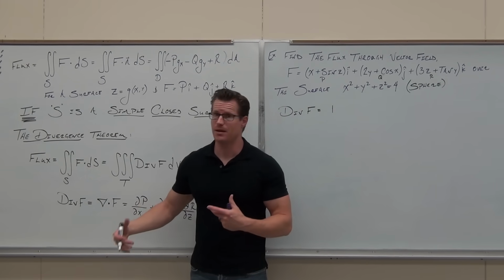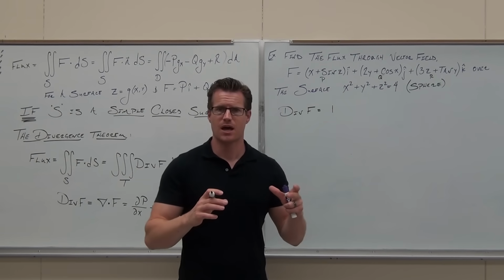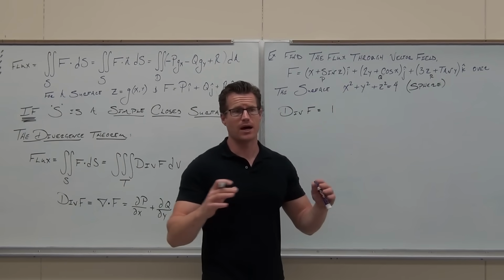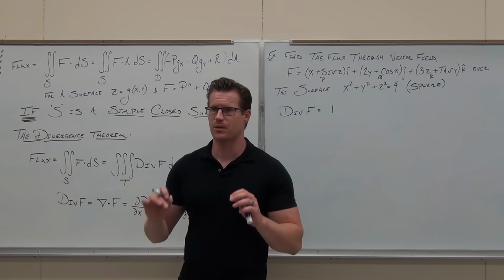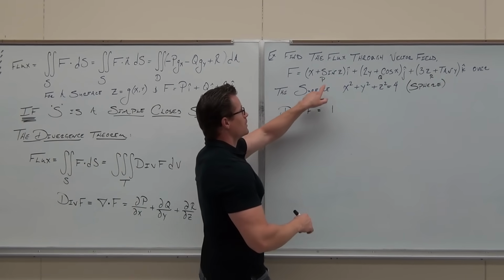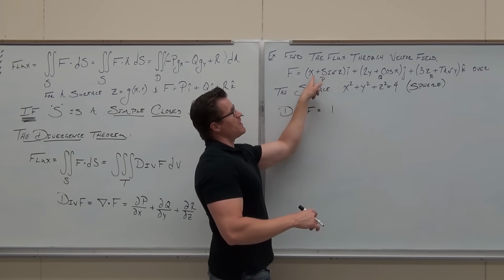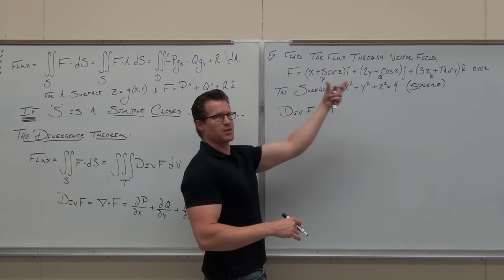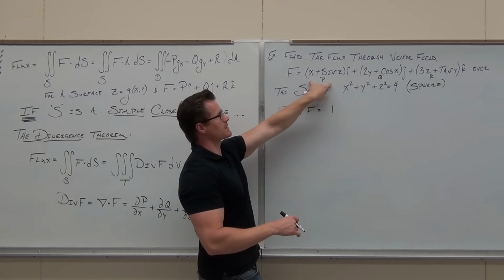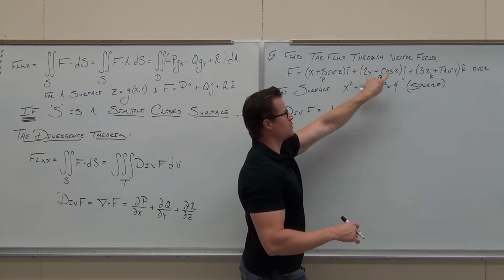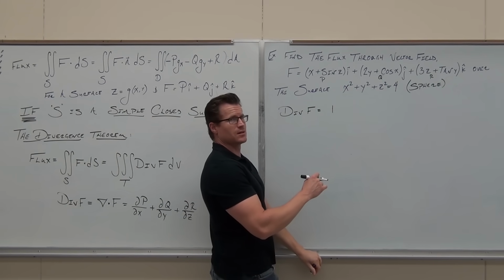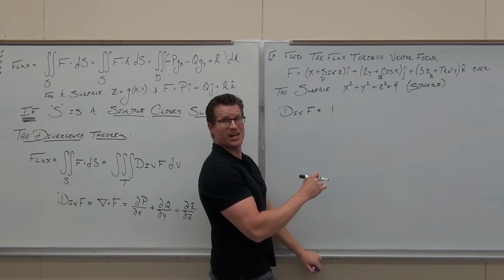At most, a scalar function. At most, you have x's, y's, and z's. No i's, no j's, no k's. Dot products are really important. So, the partial of this is the p. The p is the thing in front of the i. So, the partial derivative of this with respect to x is 1. The partial derivative of q with respect to y is? 2 j? 3? Wait, oh no. j? No.